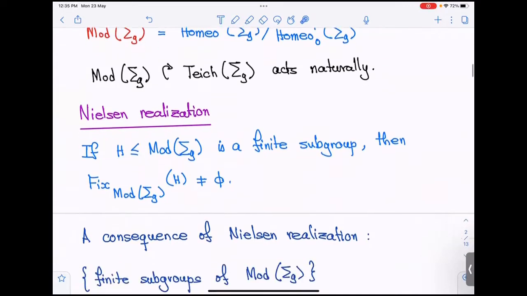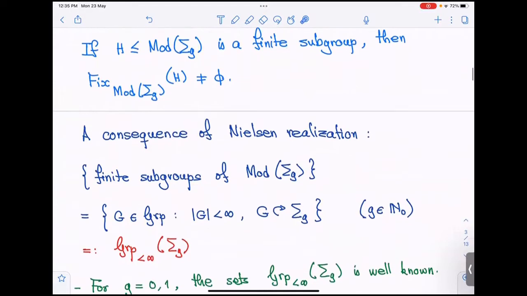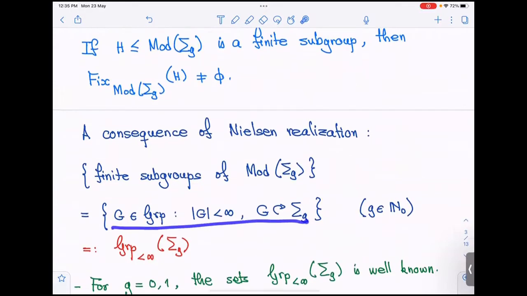And one of the consequences, this is where we actually start, is that the finite subgroups of the mapping class group are basically the same as the finite groups which act on sigma g. So this I'll be denoting as the finite groups, where the little less than little infinity means these are finite, this is the category of groups, and this basically means the ones which are acting on sigma g.